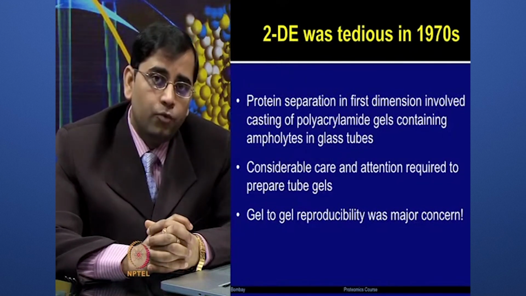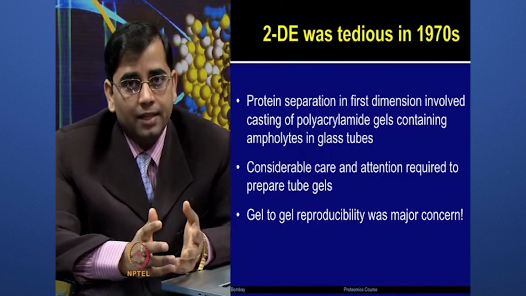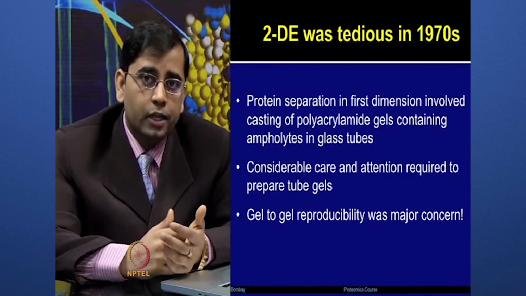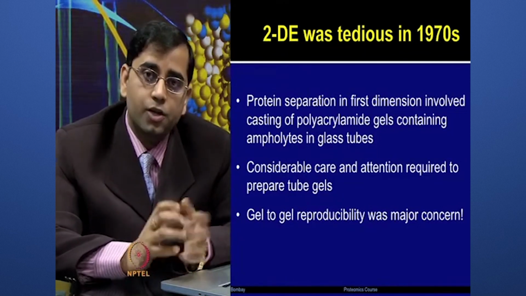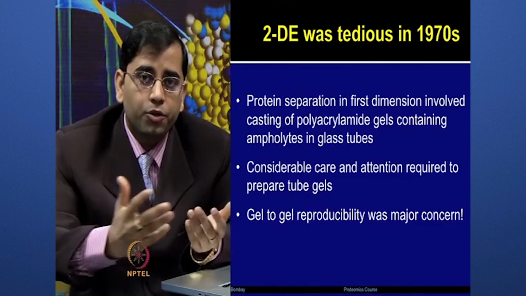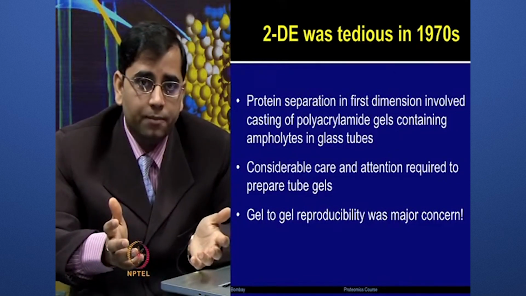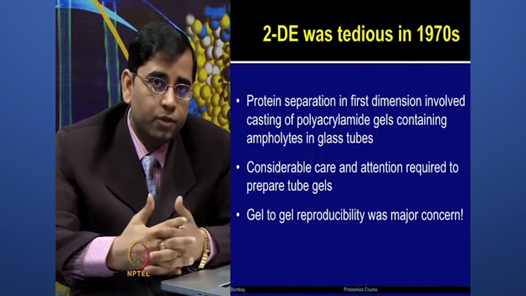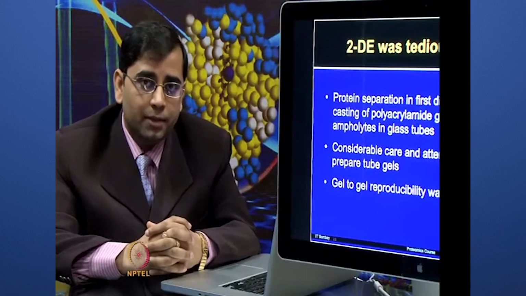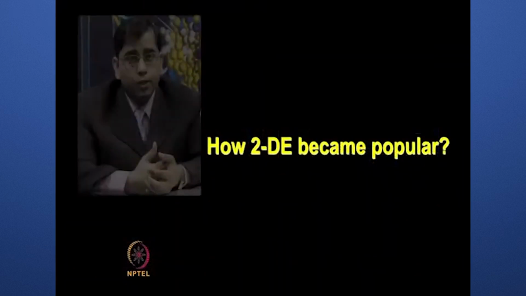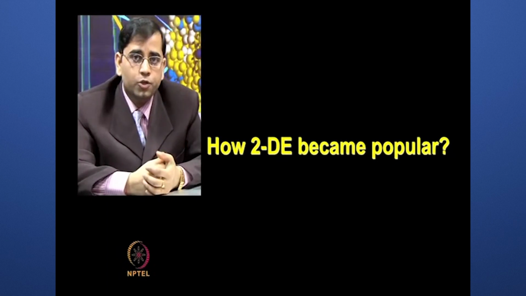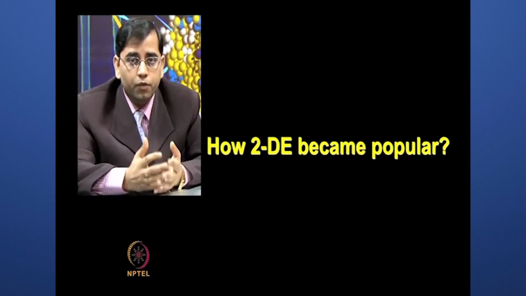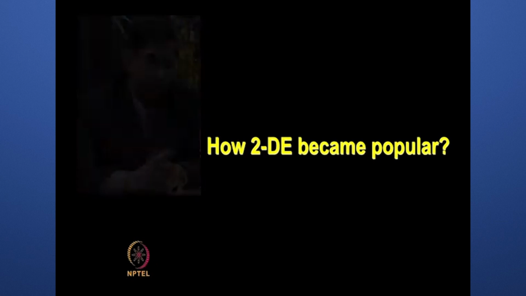One of the major concerns was the reproducibility from gel to gel. For example, if you want to compare a control and a treatment and you want to analyze those two images, a lot of variations were observed using the tube gel method. So the question is how two-dimensional electrophoresis became such a powerful method.